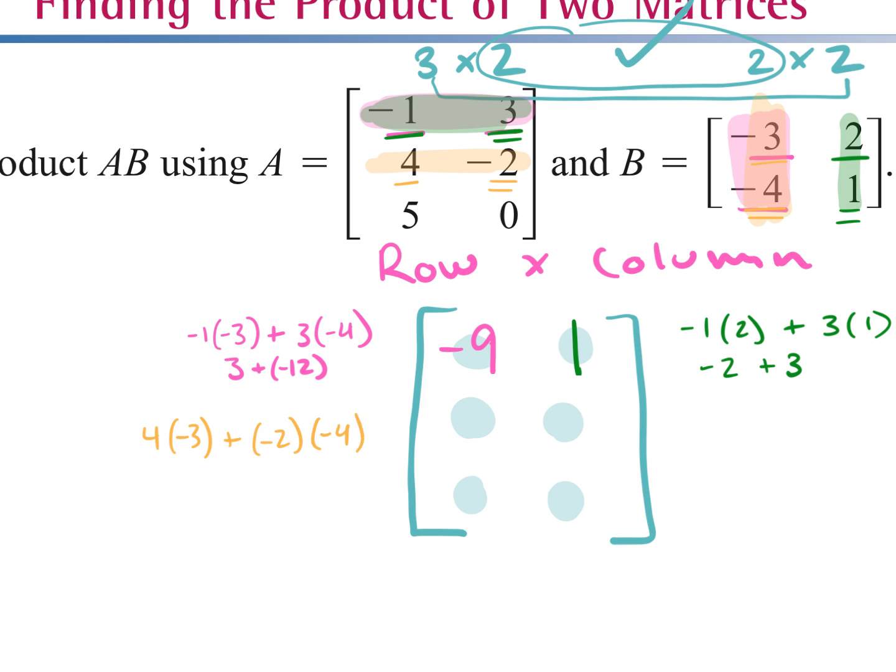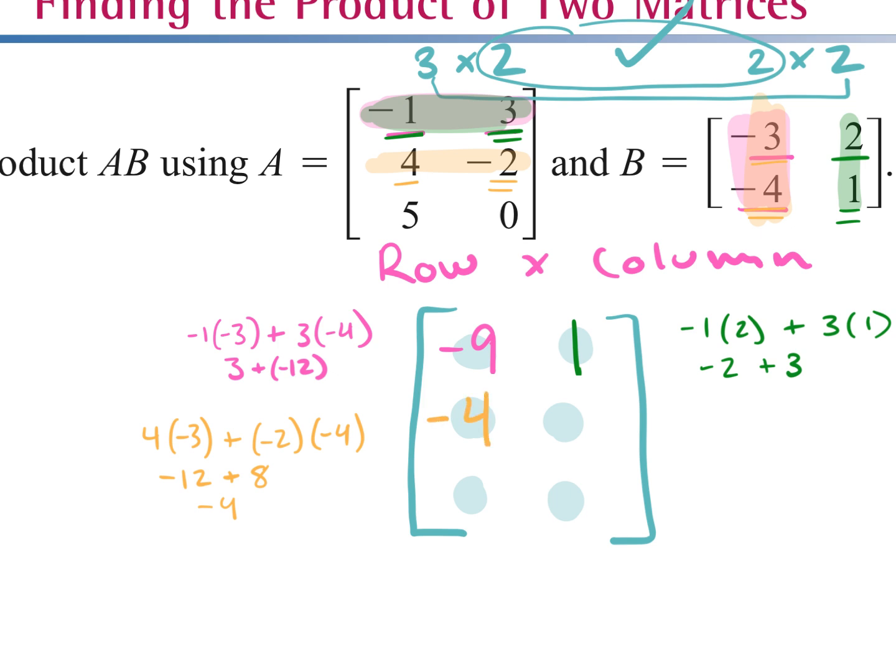What's 4 times -3? -12. What is -2 times -4? 8. And -12 plus 8? -4. So that's going to go in the second row, first column spot, -4.